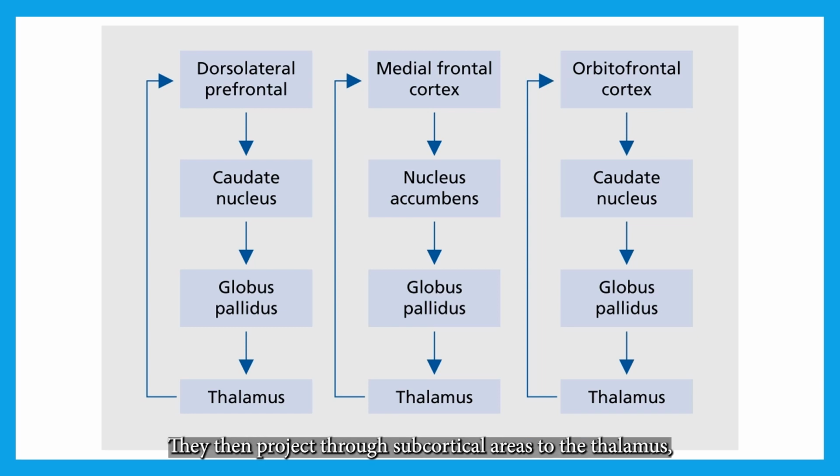They then project through subcortical areas to the thalamus, which is essentially the relay center of the brain, and then back to the frontal lobes. Even though these circuits do share common structures, they are still anatomically separated.